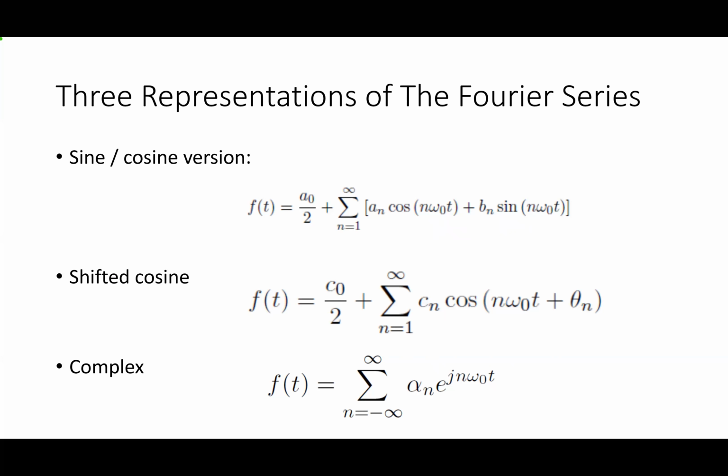And there is also the shifted cosine version, which is sometimes the most natural, because if I put a cosine in as the voltage source in a circuit, there's a shift in the voltages and currents at the output relative to the cosine I applied at the input. So in some ways, that's the most natural.